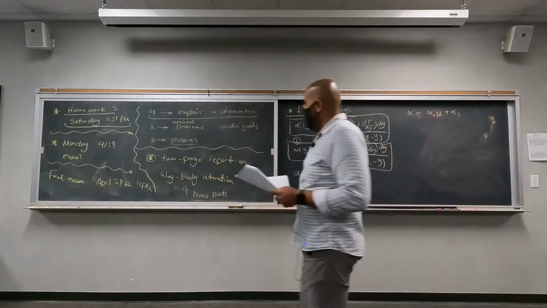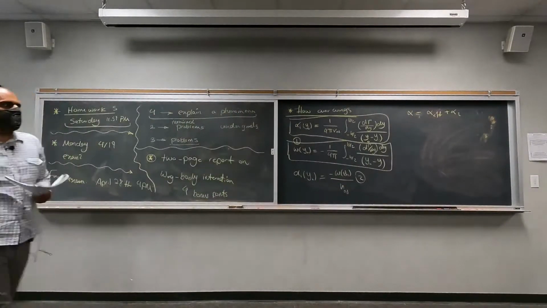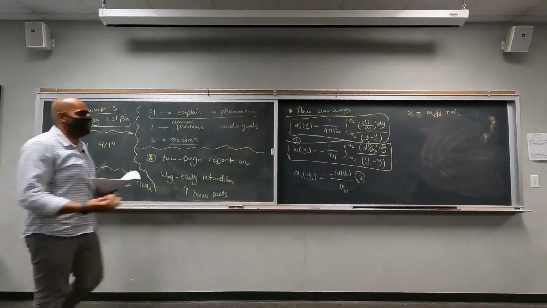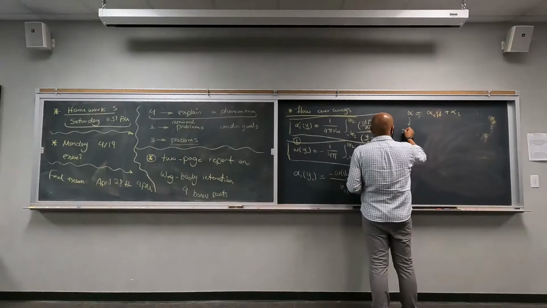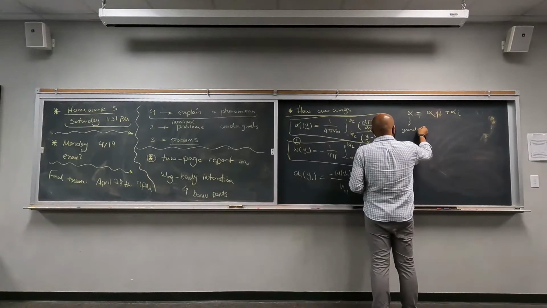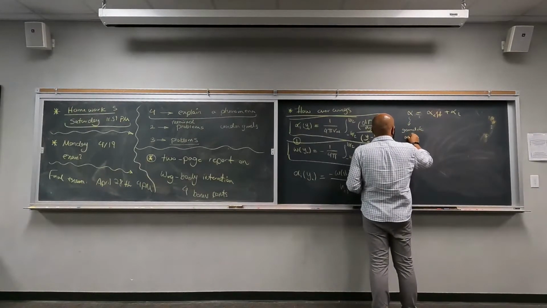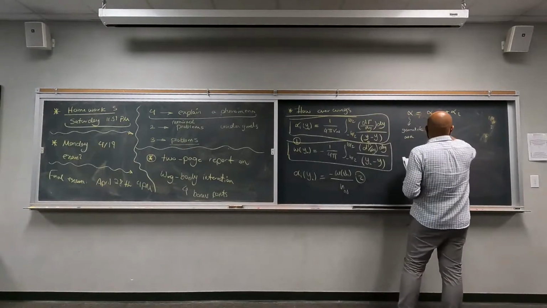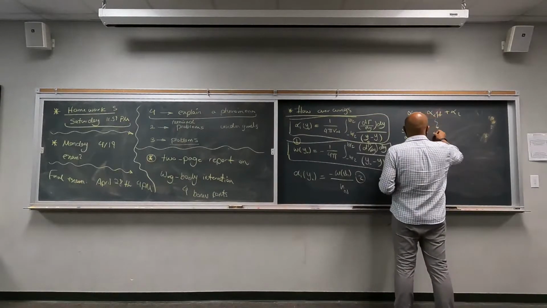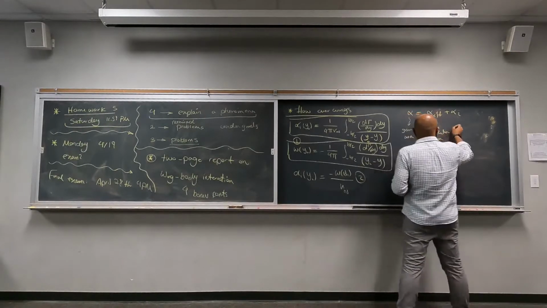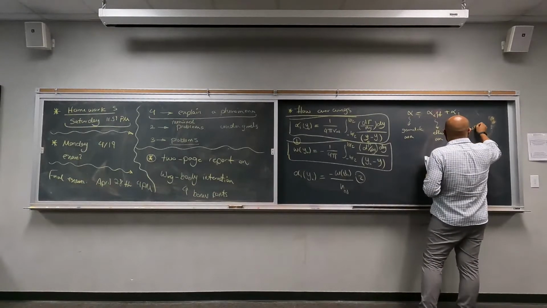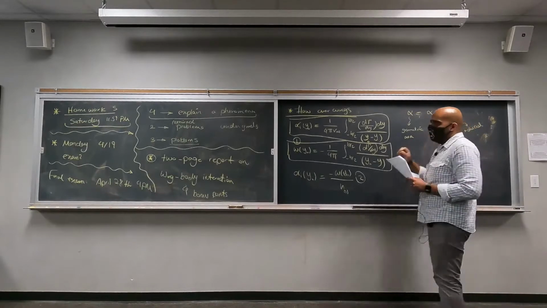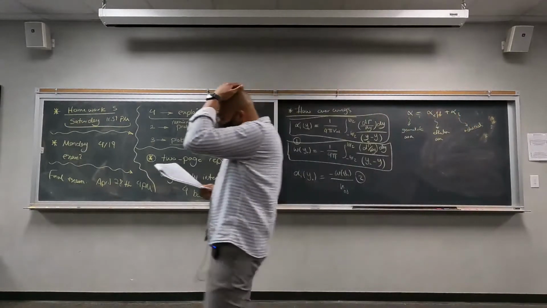The geometric angle of attack is essentially the real angle of attack your aircraft sees. This is the effective angle of attack, and this is the induced angle of attack, which is induced by lift because of the downwash phenomenon.